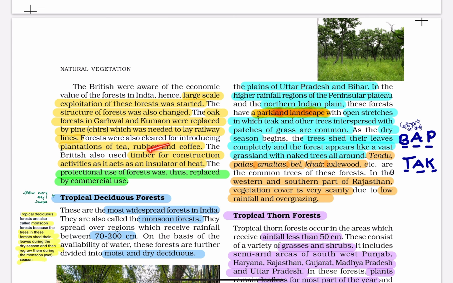Then rubber tree and coffee plantations by removing the forest, and also using timber for construction because it is a good insulator of heat. So the protectional use was replaced by the commercial use.